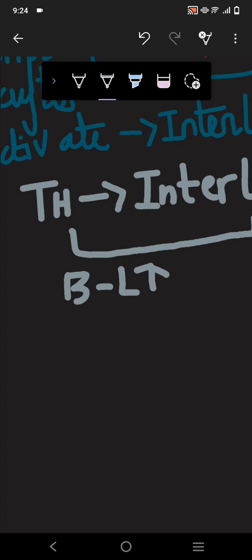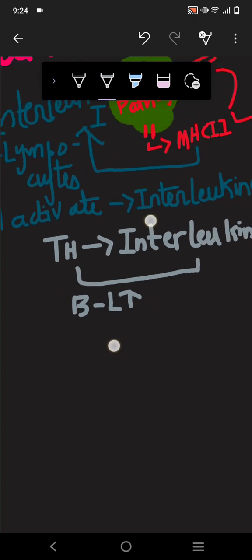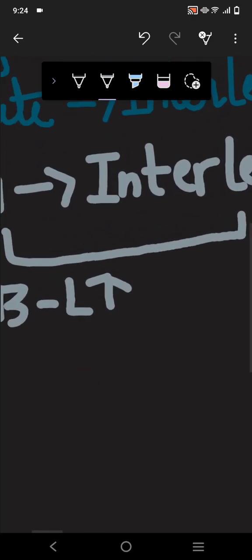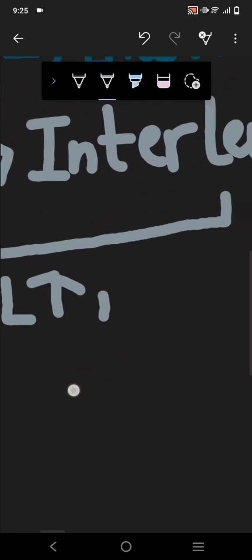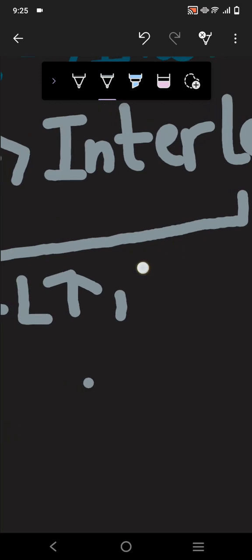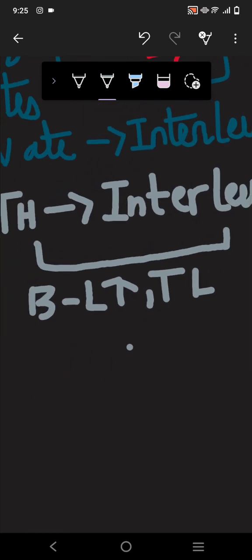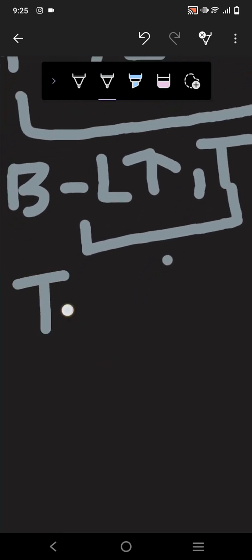Let me make it clear. If the T cells are releasing interleukin 2, the result is that different types of T cells will be activated, and they will make a team with the B lymphocytes against the pathogen, to fight together.